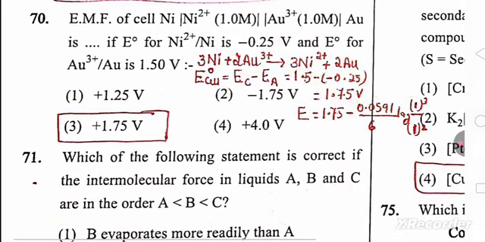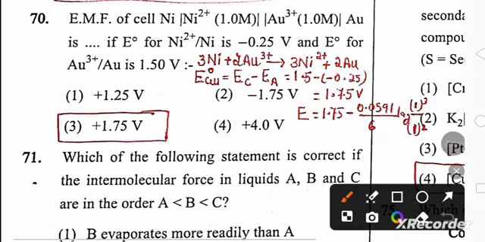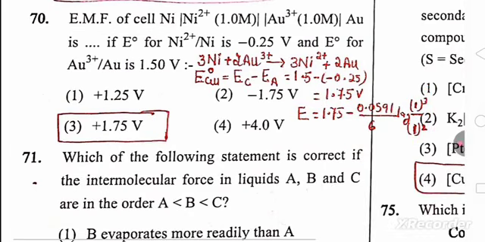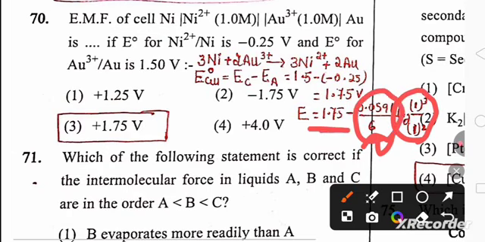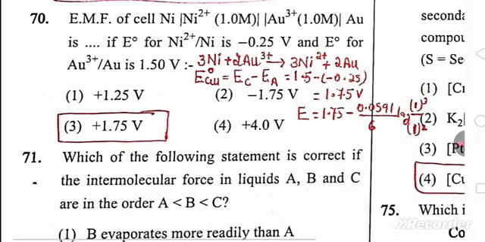So here we will get log 1, and log 1 value is 0. 0 into this value is 0 only, so 1.75 volt is the right answer. So children, after substitution, for the log value you will get log 1, and log 1 value is 0. 0 multiplied by this value is 0. 1.75 minus 0 is 1.75 volts only, so the answer is 1.75 volts.